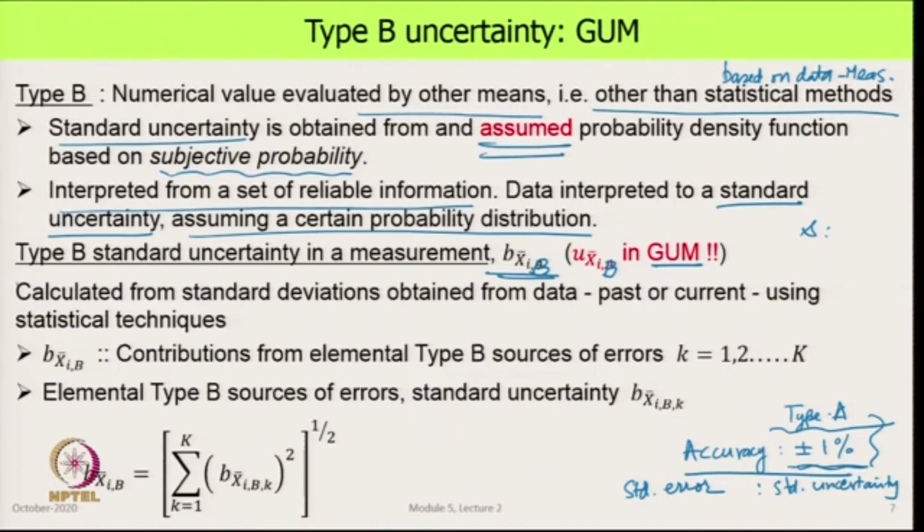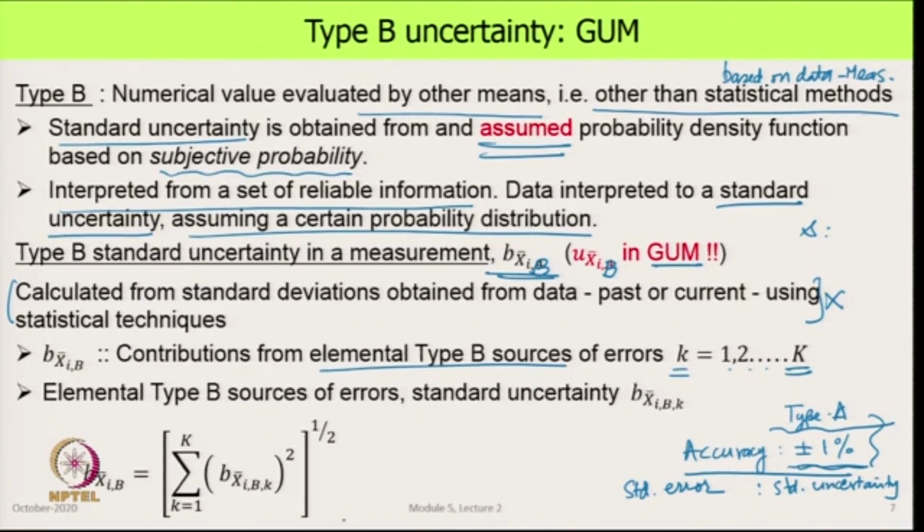Okay, so then this is not the case here actually. We do not get from past data, this should not have been here. B xi B is contributions from elemental type B sources of errors, and we say the number of elemental sources of type B errors is k. So, 1, 2, 3, 4 like that up to k, denoted by the variable small k.